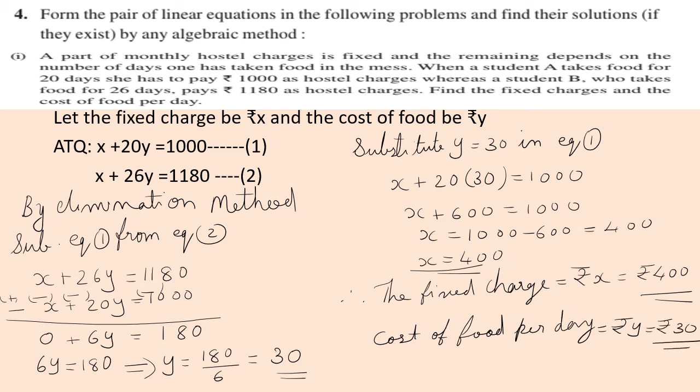So we found the two unknowns: the fixed charge as rupees 400 and the cost of food per day as rupees 30. Question number 4.